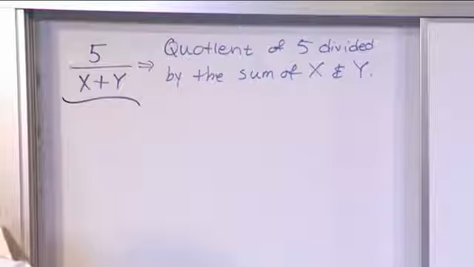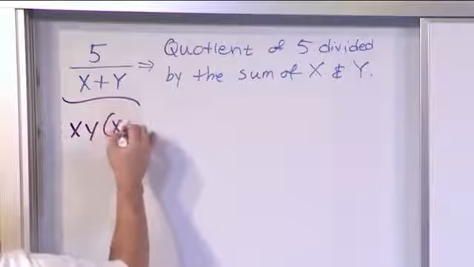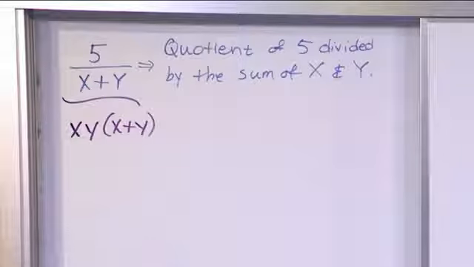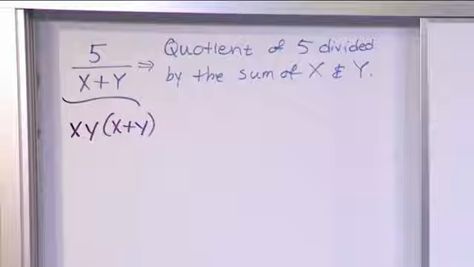And likewise, what if you saw something like x times y times x plus y? Well, you know you're going to have multiplication, so you're going to have a product in there somewhere. And you know you have addition, so you know you're going to have a sum.